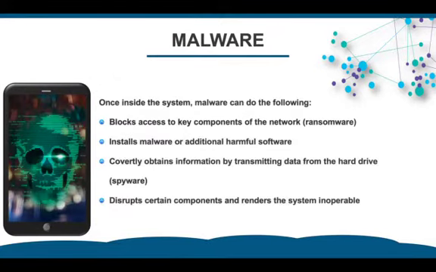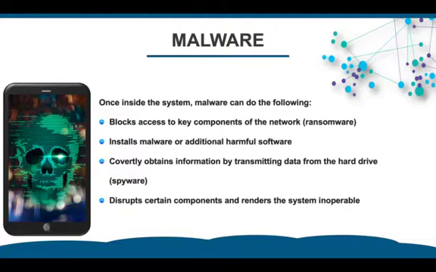Okay. So once the malware is inside the system, these are the things that it can do. It can block access to key components of the network, and then it can install malware and additional harmful software, and covertly obtain information by transmitting data from the hard drive.